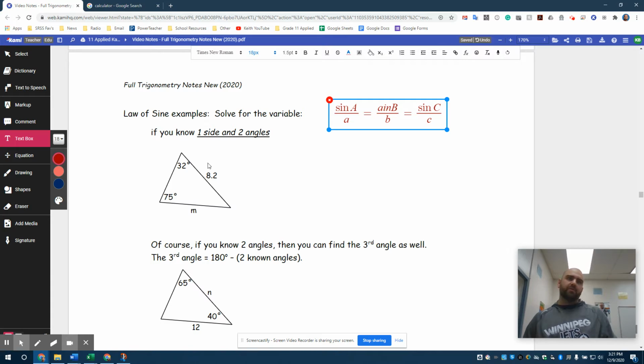And again, it all comes down to the way that we organize and make sure that we label our triangles properly. So if we know one side, here I know the side 8.2, and I know two angles, I can find a second side. In this case, I can find side M. To do that, first we're going to label our triangle.